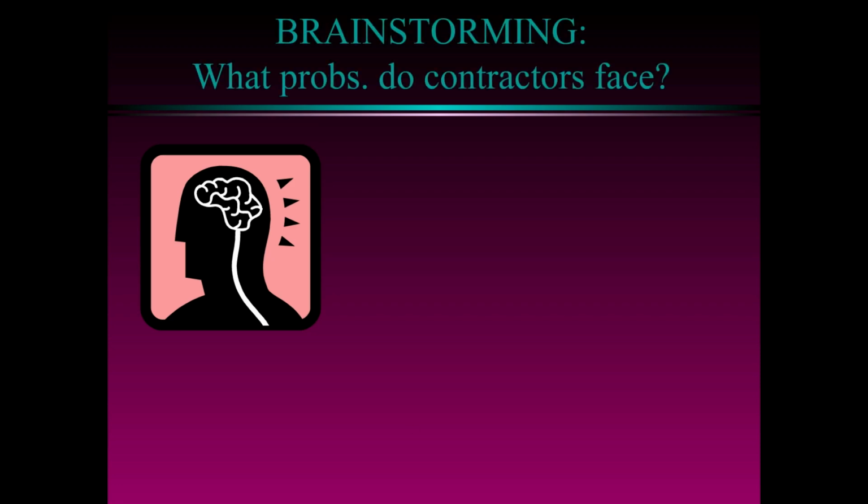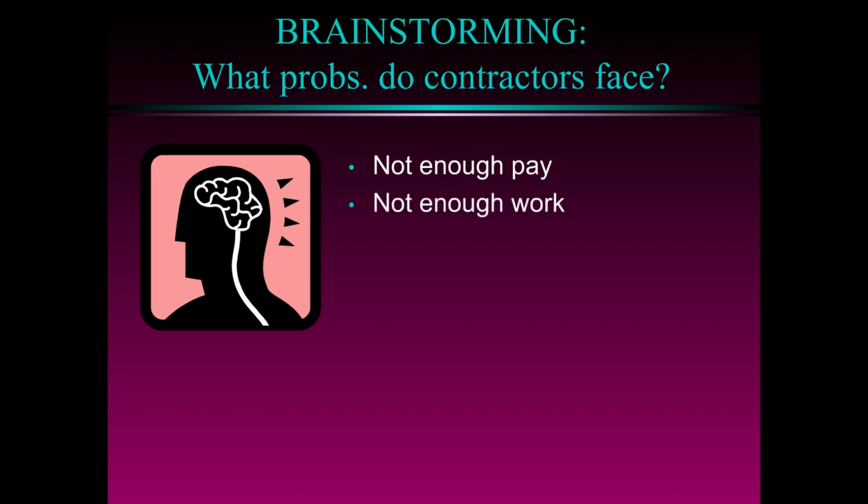Doing a lot of these courses with contractors, I have asked them over time to tell me what problems you face. And this is the cost components section here. So we ask them, and the first thing they answer usually is not enough pay, not enough work, too short a season, comes up an awful lot.